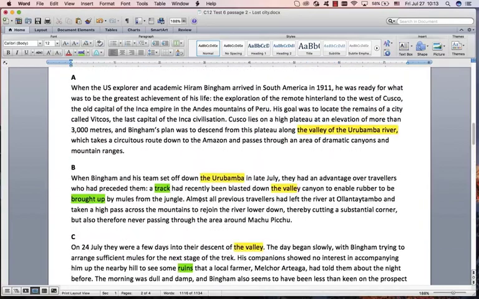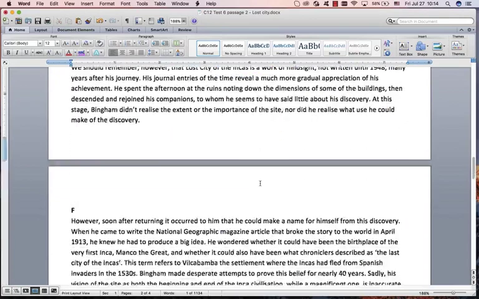What did they transport? Be careful, I think many students will choose this. That means donkeys. It was transported by mules. It wasn't the mules which were transported. What did the mules transport? What did the mules bring? And there is your answer there. Rubber. Shouldn't be too difficult.